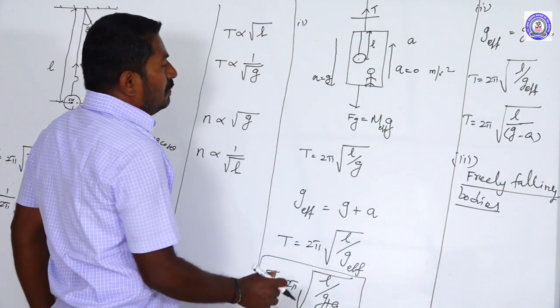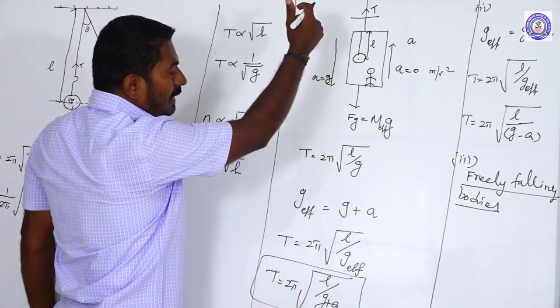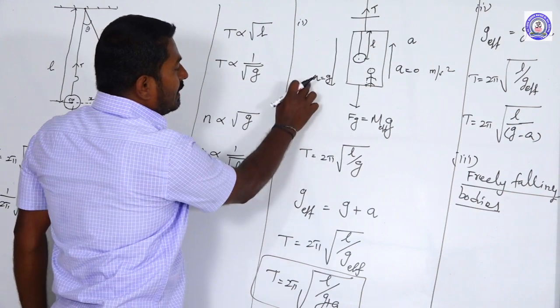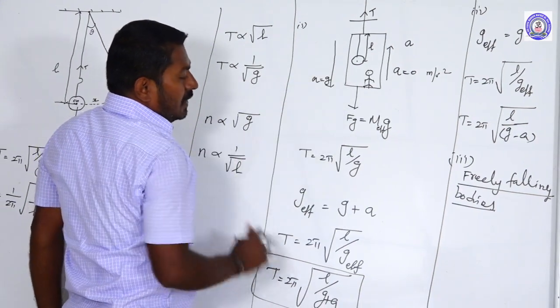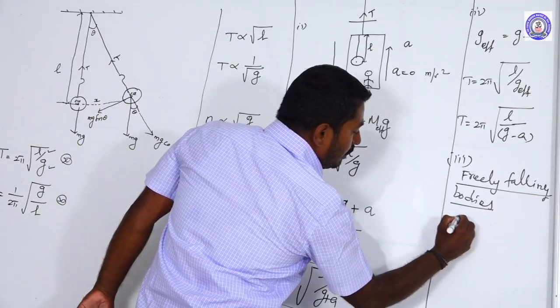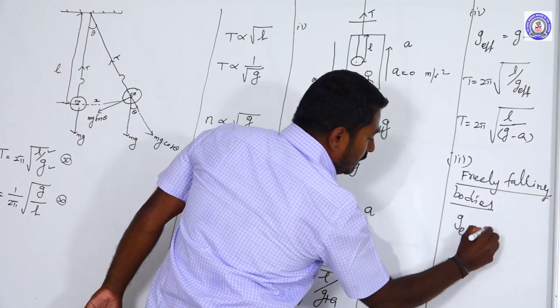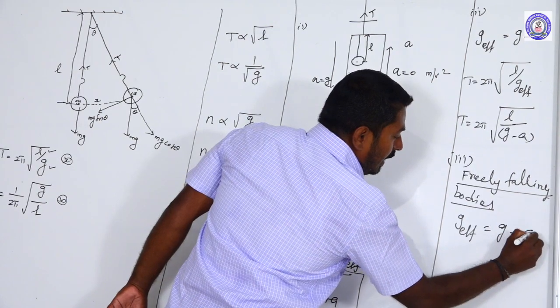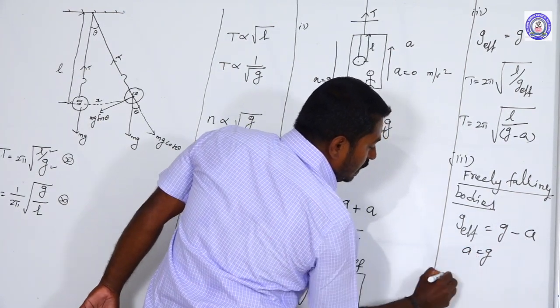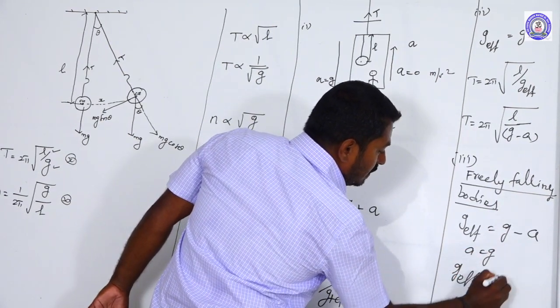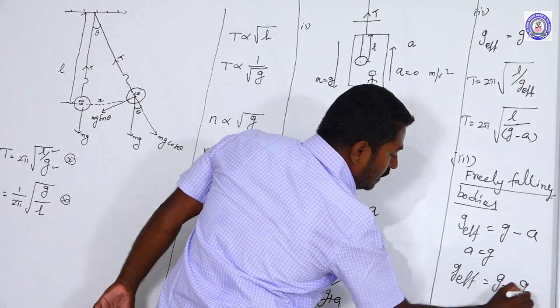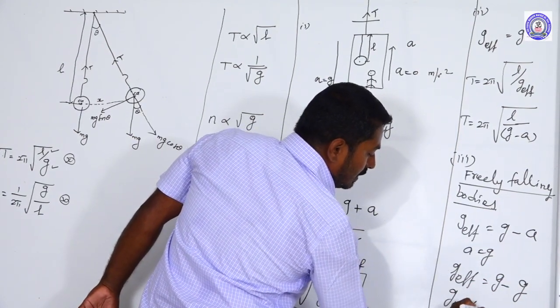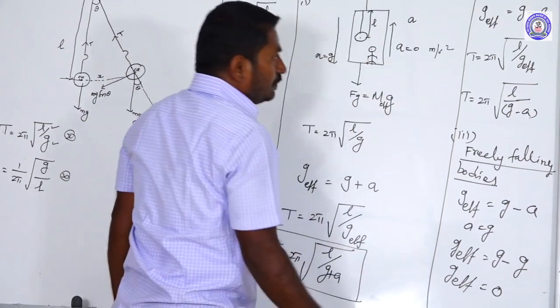Any freely falling body is accelerated towards the center of the earth with the acceleration due to gravity. In this case, the effective acceleration is g minus a, and here a is equal to g. The effective acceleration in this case is g minus g, which is 0.